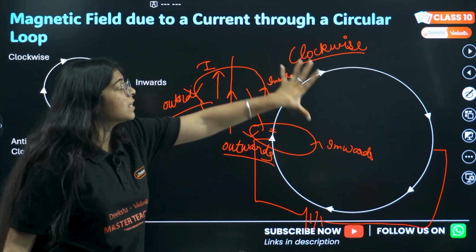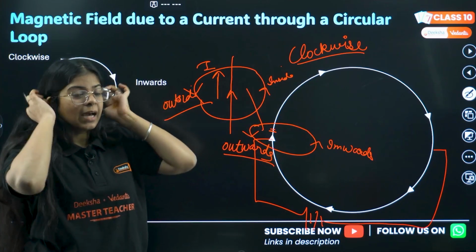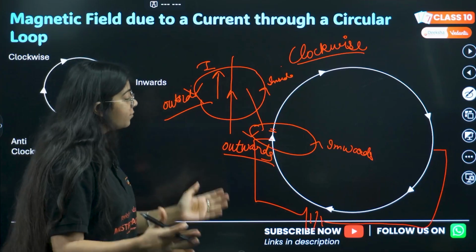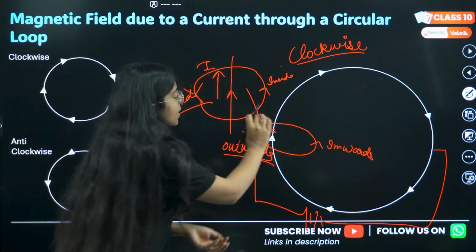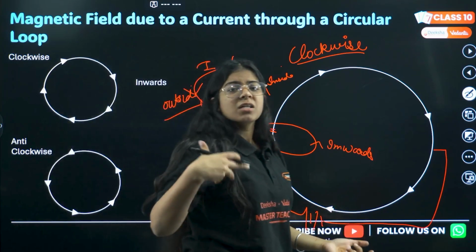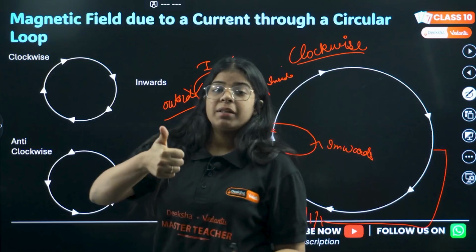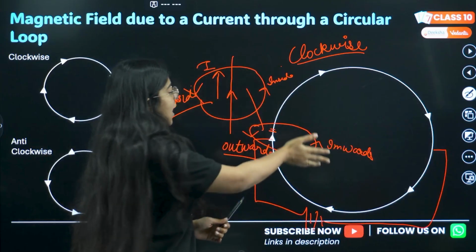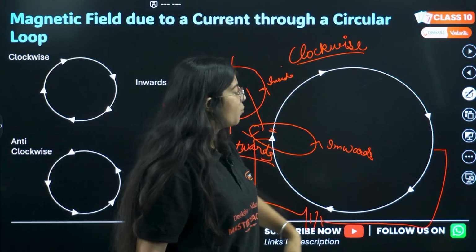If you see this from a distance, it looks like such a big task. But if you zoom in and break it into parts, you will see there is a single small line that I can treat as my straight wire, and I know the right hand thumb rule. I'll put my thumb in the direction of current, curl my fingers, and this is the direction of the magnetic field.